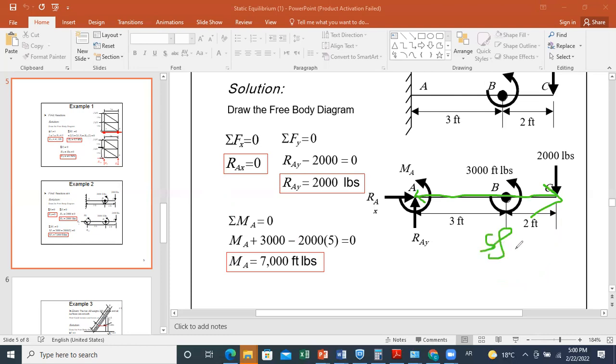I multiply the distance by the force. So the moment produced by this force is minus 2000 times 5. Now I have accounted for all couples and all moments of forces, equal to 0. Then I can find the value of my reaction moment at A.